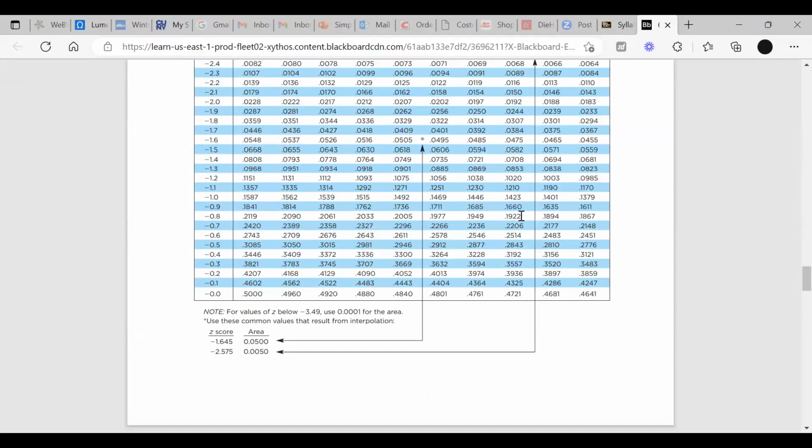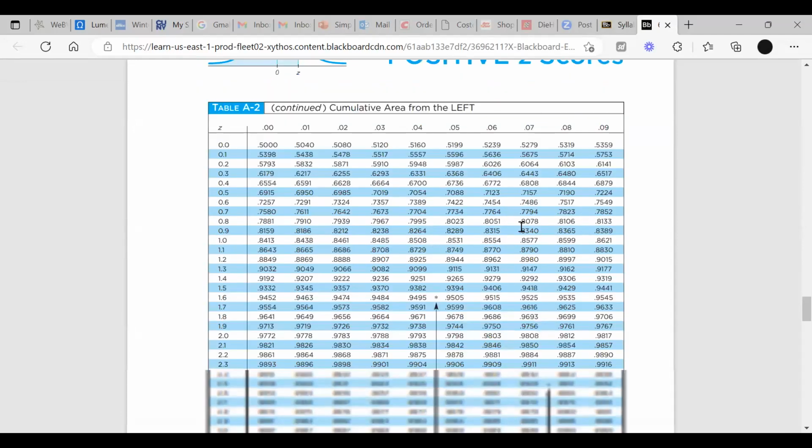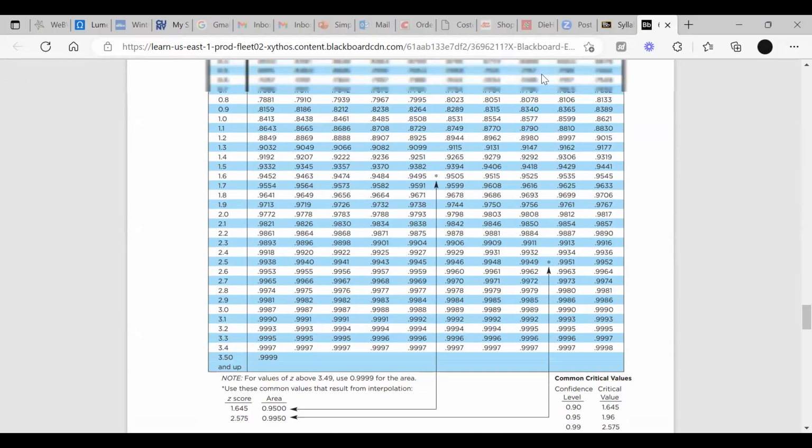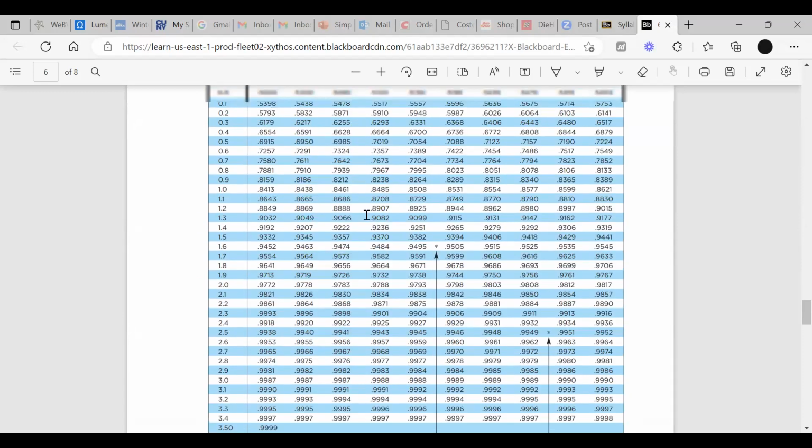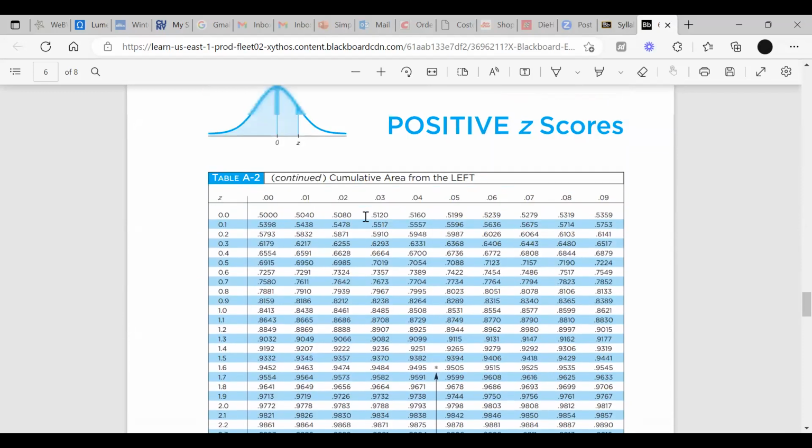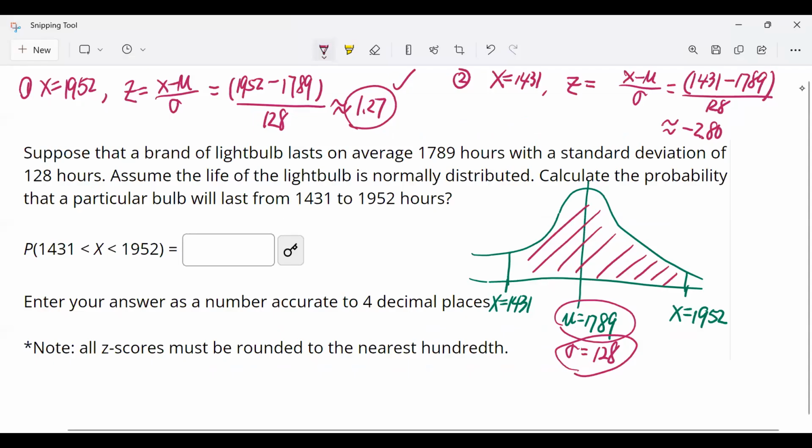This is table A2, and the positive values are on the second page. We look up 1.27 first, and it gives us 0.8980. This gives us the probability, so the bigger area here is 0.8980.